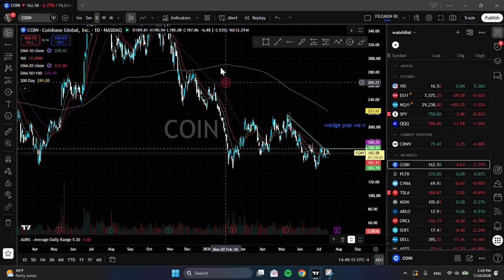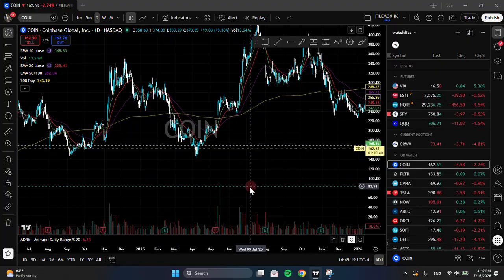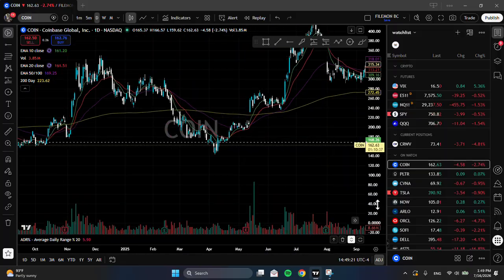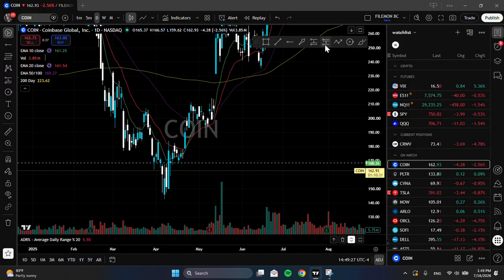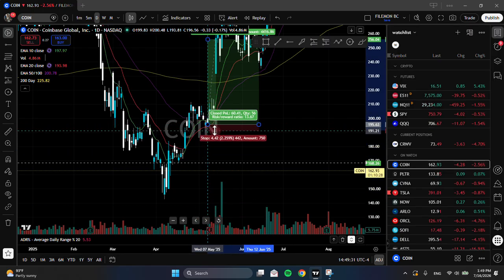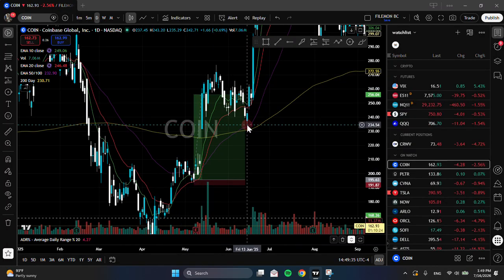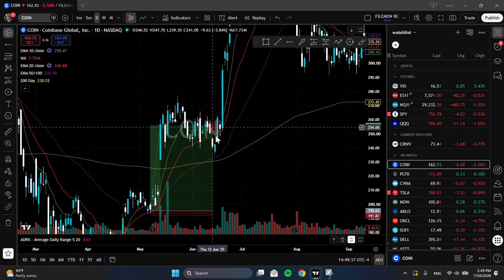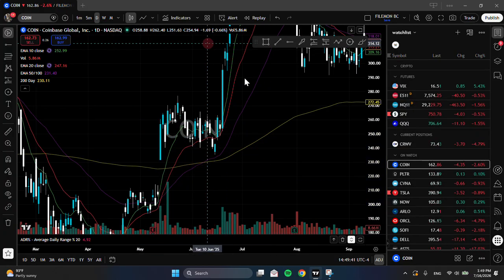Price relies on the EMAs to get bounces or rejections. Like right here, let's look at this. Coinbase hit the 20 EMA and then bounced off of there, so you can take a trade right there. Stop loss is the low of day, and then it continues to rally. You can see it came right here to the 50, didn't really hit it, and then had another bounce. Sometimes it hits the 10.